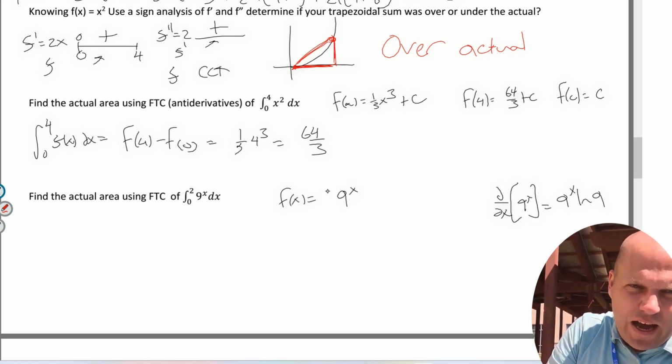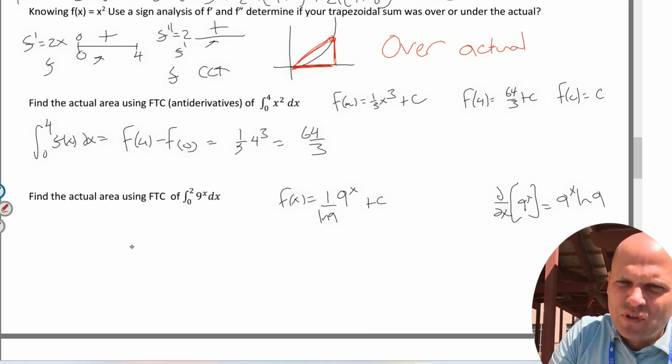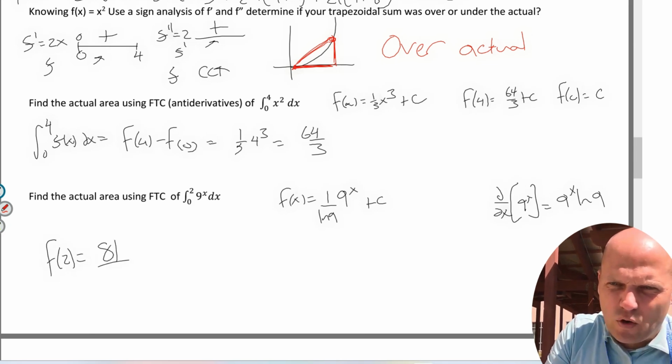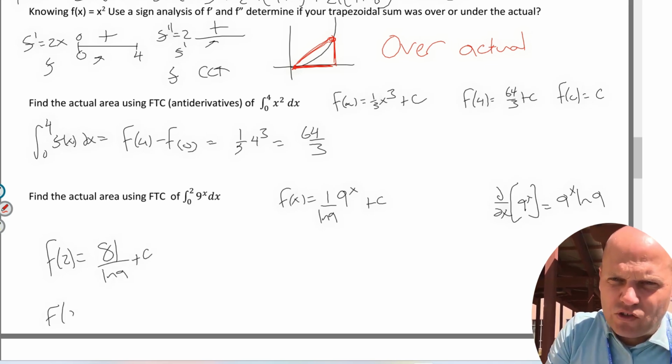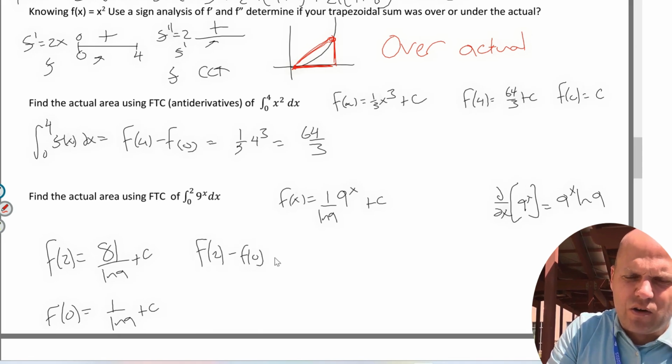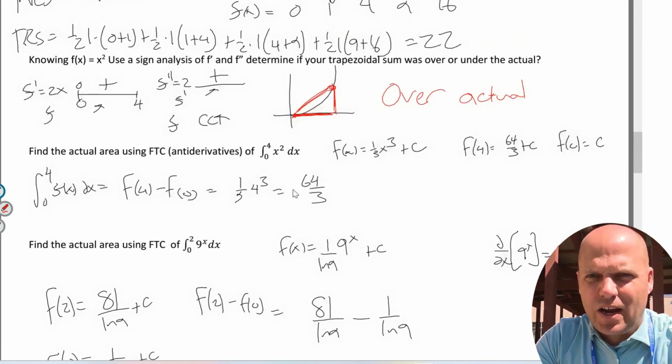I know I need to divide by log 9. So, capital F of 2 is 81 over log 9. Capital F of 0 is 1 over log 9 plus c. That means capital F of 2 minus capital F of 0 is 81 over log 9 minus 1 over log 9. So that's the actual area.